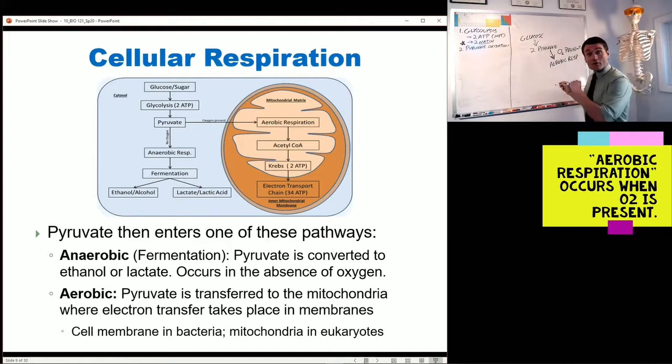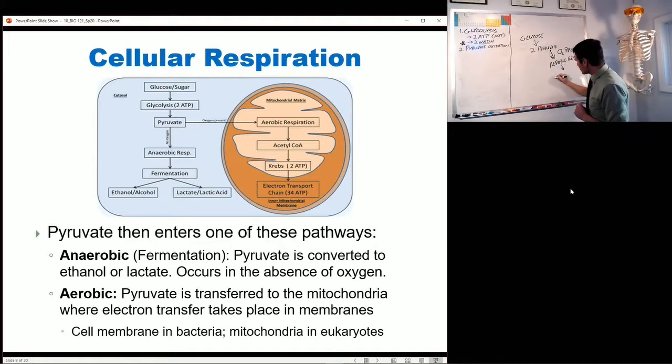That means that it's going to enter the mitochondria. If there is no O2 present, on the other hand, we have to kind of double down on glycolysis.